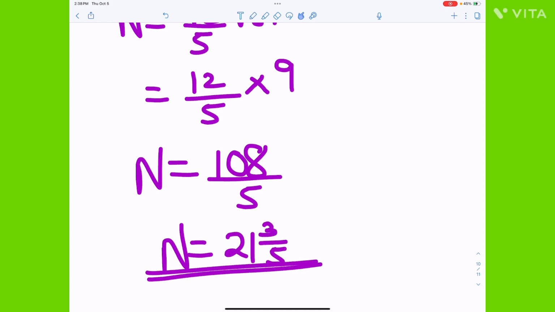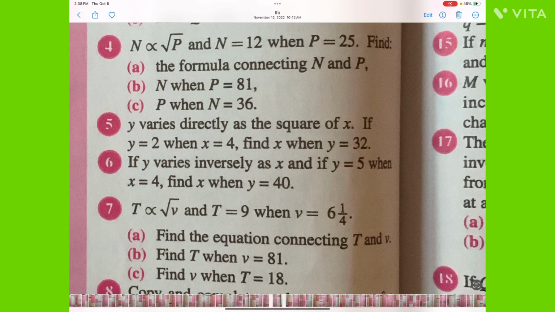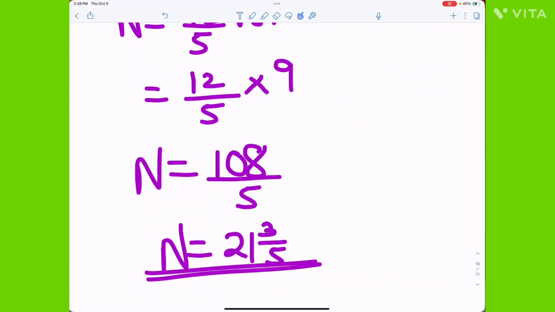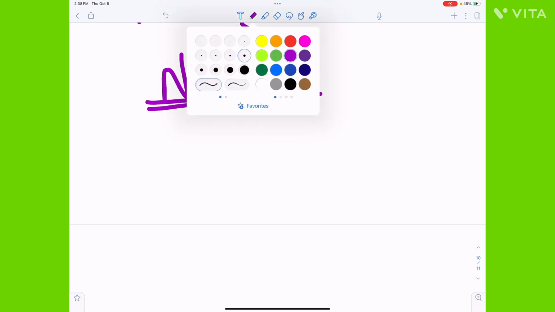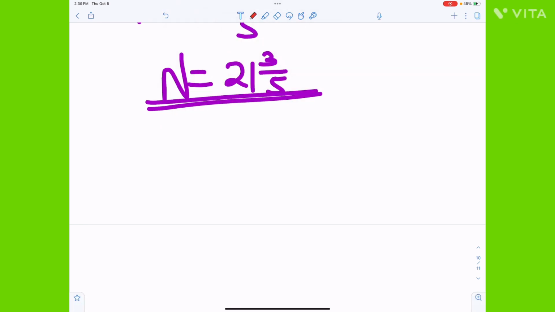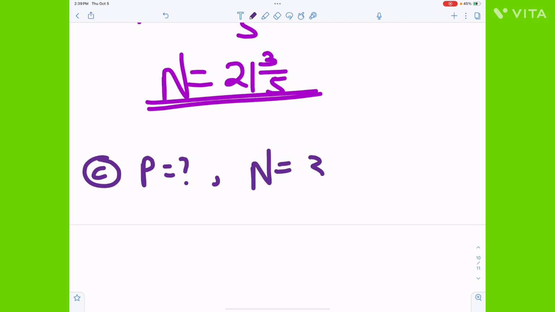Okay, that's question B. Next part of the question says we should find P when n is 36. I'm just trying to make things look beautiful. So we want P when n is 36. Our relationship is the first thing we write.